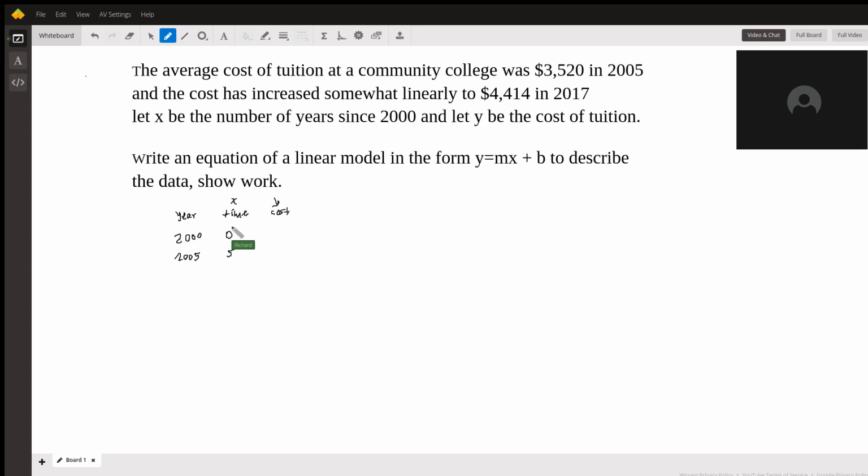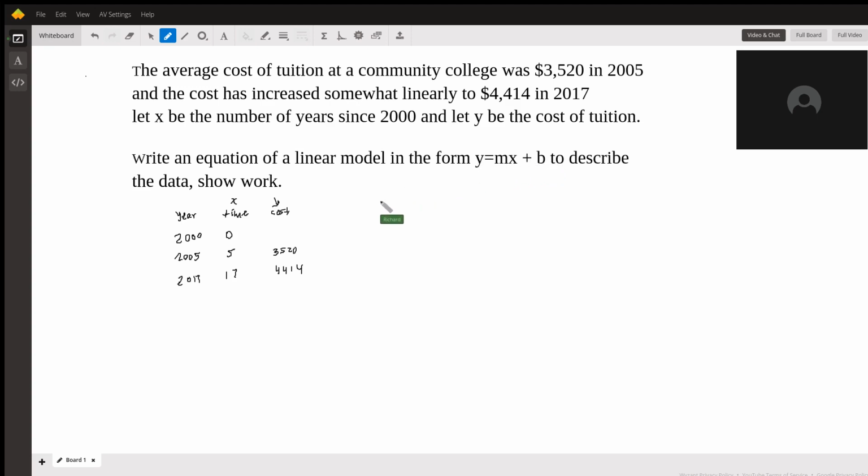So we don't know what the cost was in 2000, but we do know what the cost was in 2005, $3,520, and we know the cost in 2017. So this is 17, so 4414. To come up with our model here, we need to find a slope and we need to find an intercept. So let's go ahead and work on that.